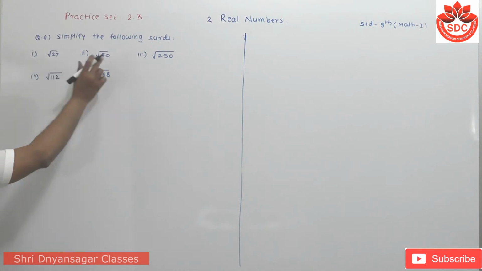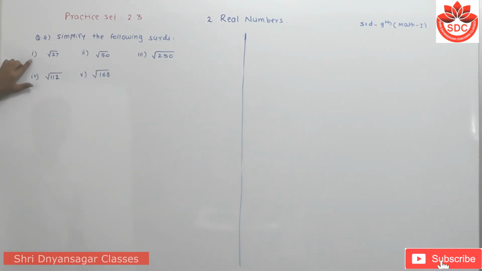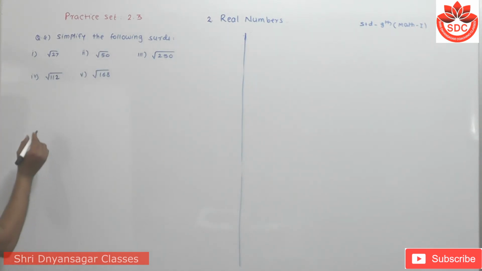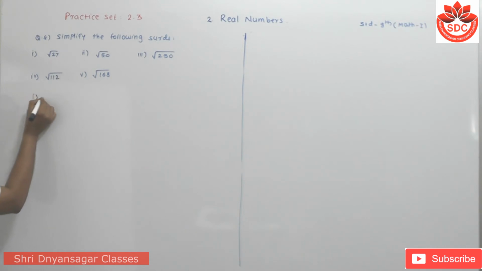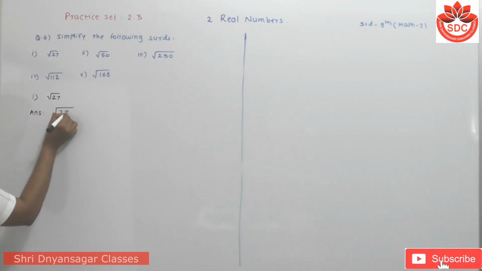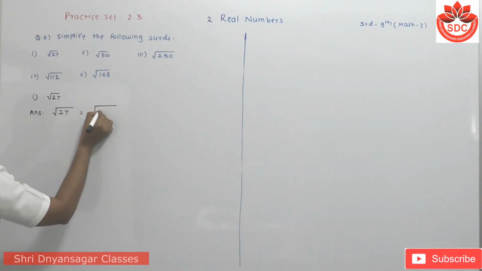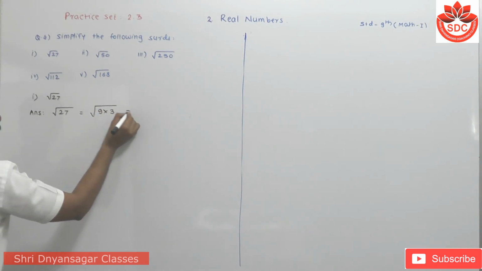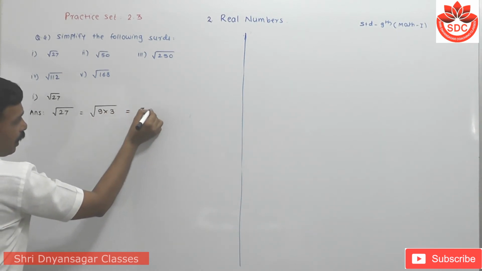Question number 4. Simplify the following. The first one is root of 27. So simple one, we take one by one here. Root of 27: I have to factorize this 27 in such a way that 9 threes are 27. Taking the square root of 9 is 3, and root of 3.